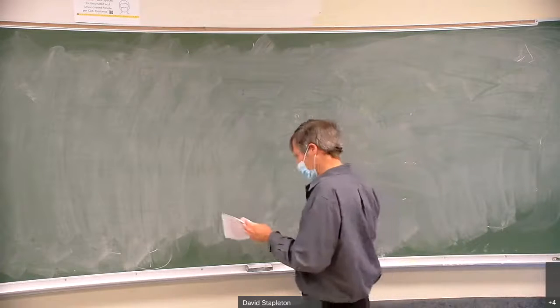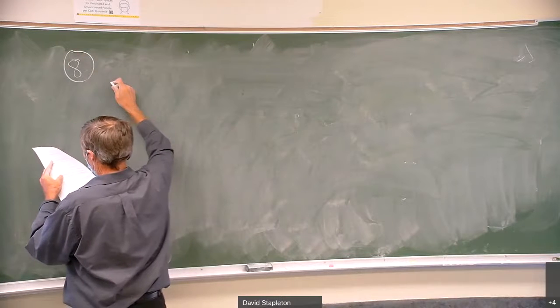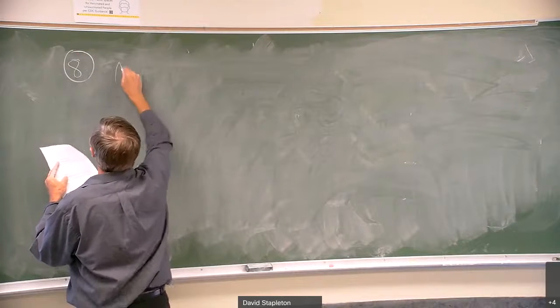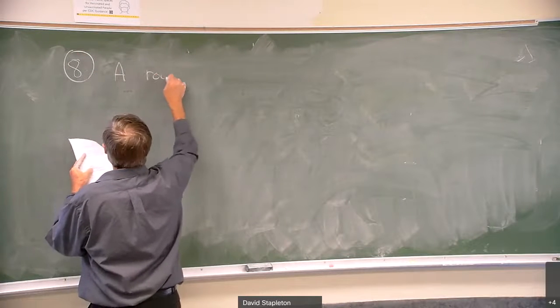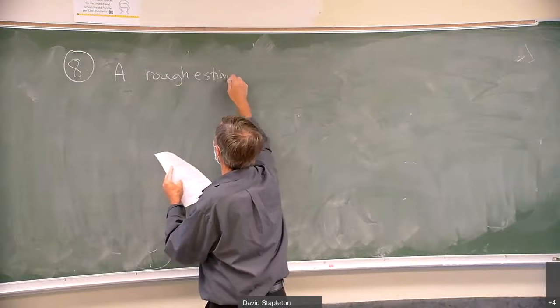All right, so here's an interesting problem, 8 off the review. A rough estimate for the radius R of an atomic nucleus. We looked at this before. This is a hard problem, right?